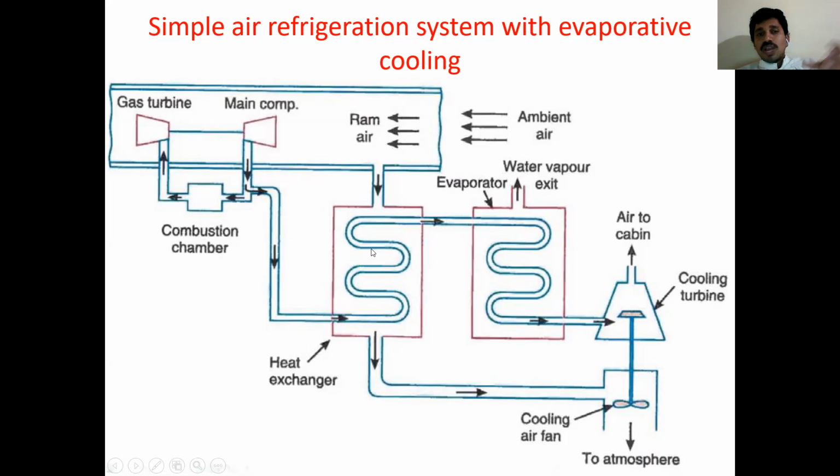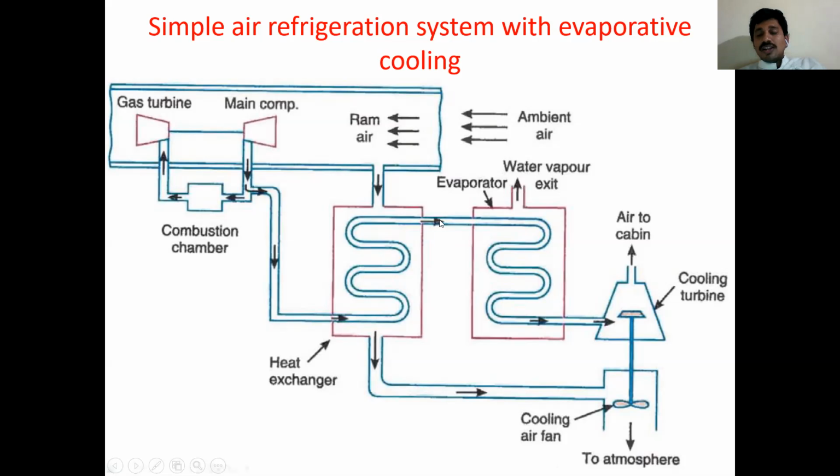Inside the tube, we have high pressure air coming from the compressor. The high pressure air has high temperature, and the ram air has low temperature compared to this compressed air. So due to this temperature difference, heat transfers from the compressed air to the ram air; some amount of heat rejection takes place in the cooler.